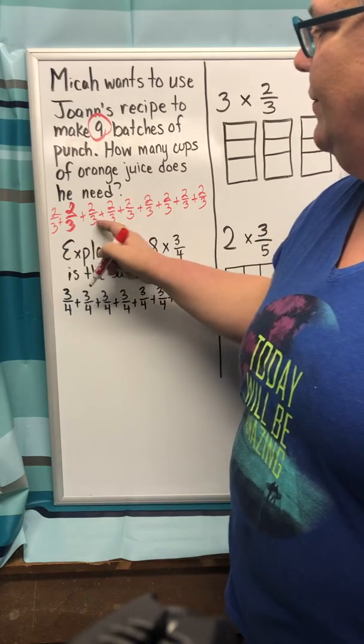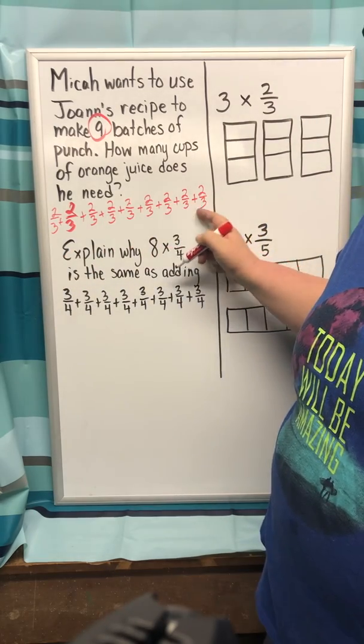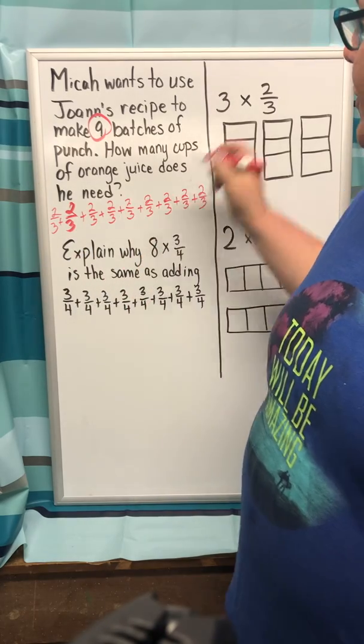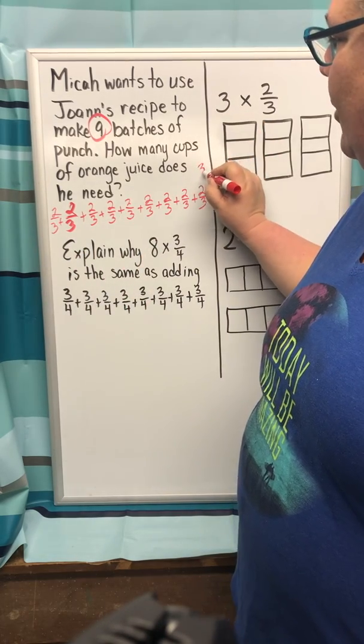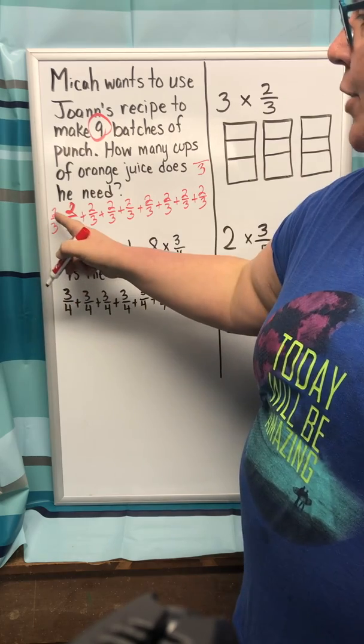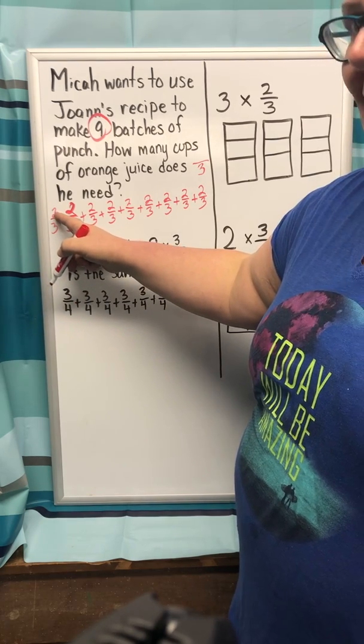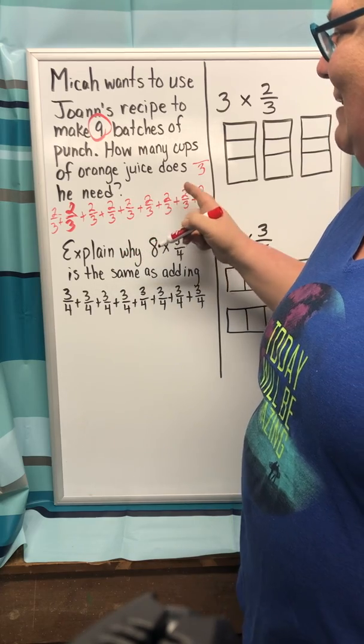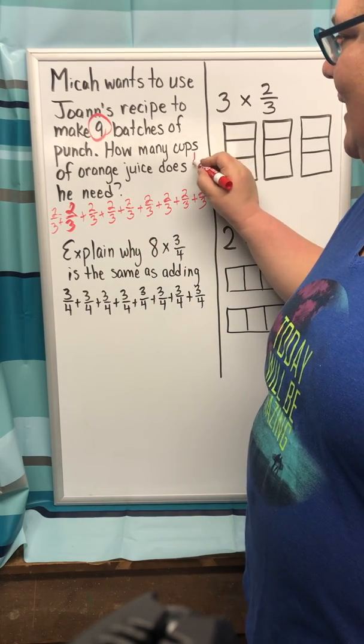Okay, we have 1, 2, 3, 4, 5, 6, 7, 8, 9. So again, our denominator is 3, so we're going to keep that denominator of 3. And we're just going to do repeated addition: 2, 4, 6, 8, 10, 12, 14, 16, 18.